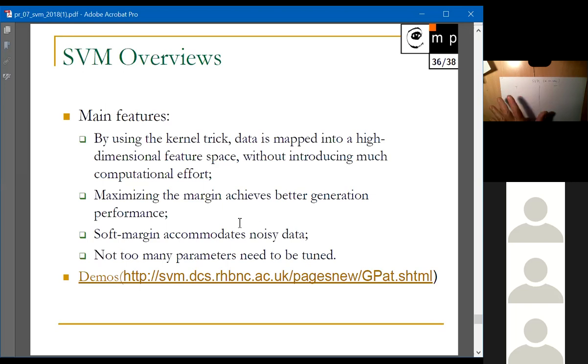Please, some thoughts about what is a strong and weak point of SVM.